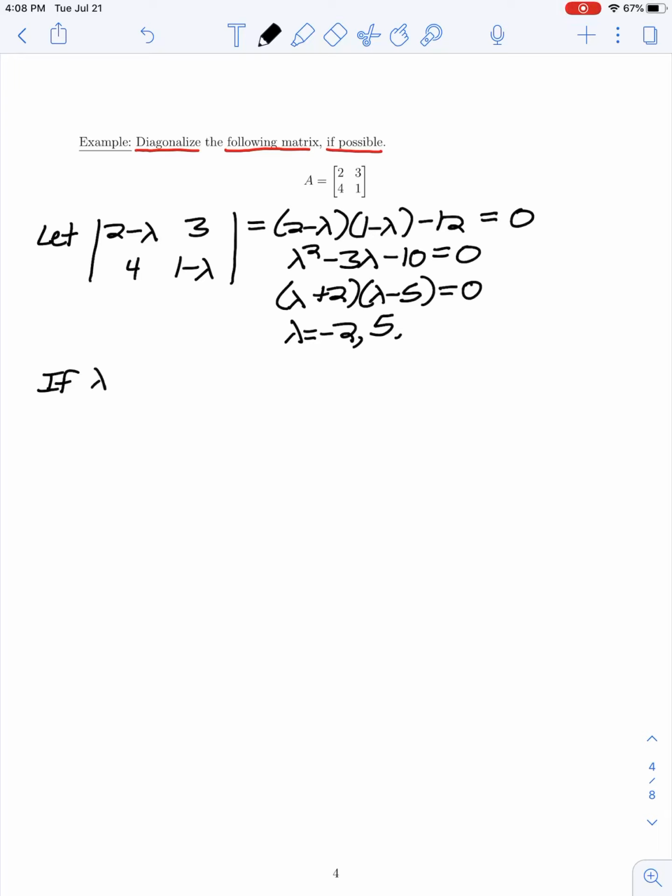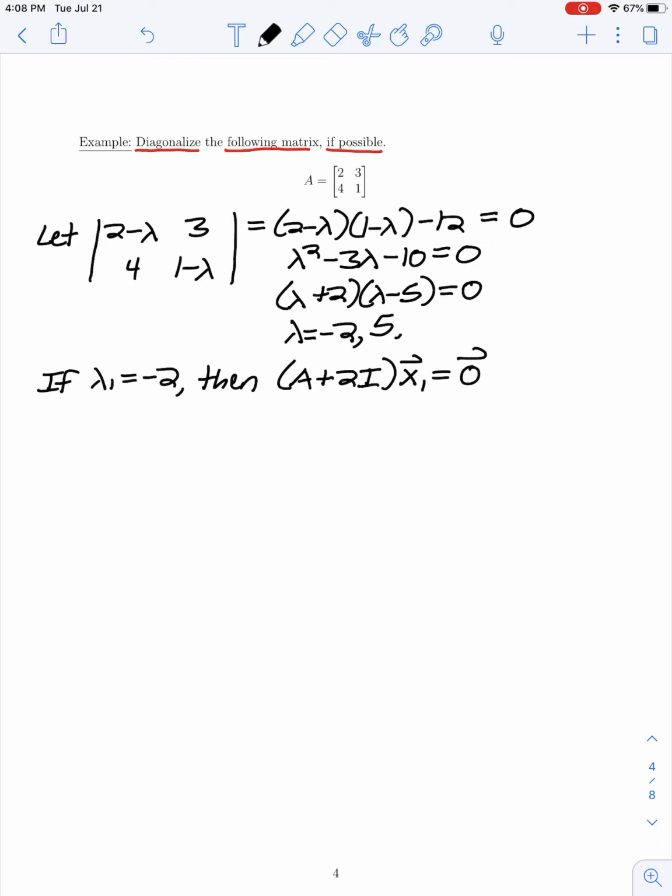So here, if we look at our first eigenvalue, lambda 1 equals -2, then recall to find an eigenvector, we're looking at the matrix A minus lambda I. So if lambda is -2, minus lambda I would be plus 2I times some vector, let's call it x, and we're looking for solutions of this homogeneous system which are non-trivial.